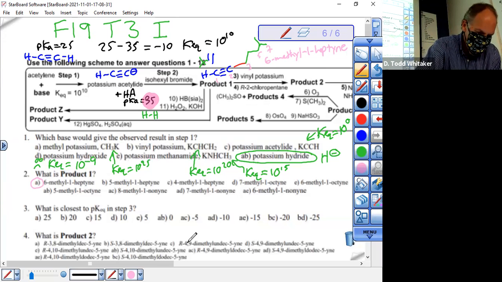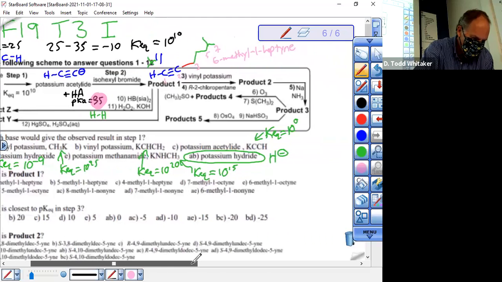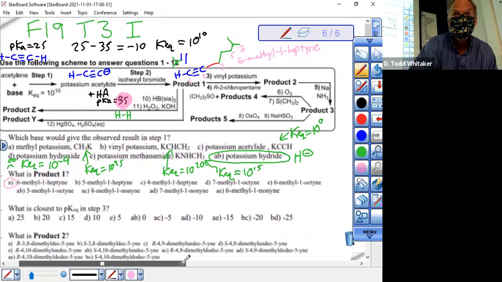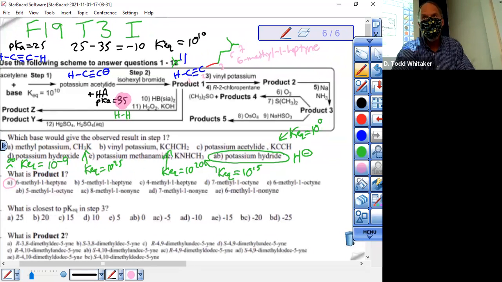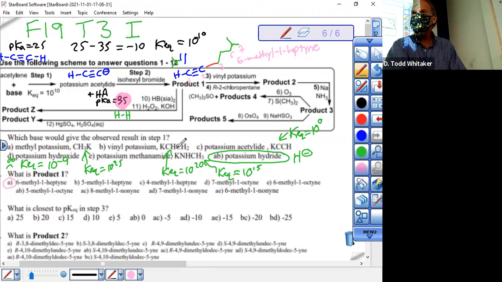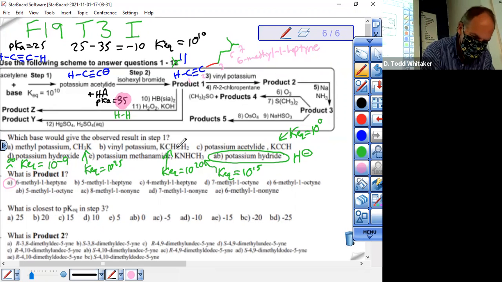Vinyl potassium. You say, I've never heard of that. It's fine to say that. It's right on the page. Vinyl potassium is this. It's the conjugate base of an alkene. You know what a vinyl is, right? So vinyl potassium is a CH double bond CH2 with a minus.